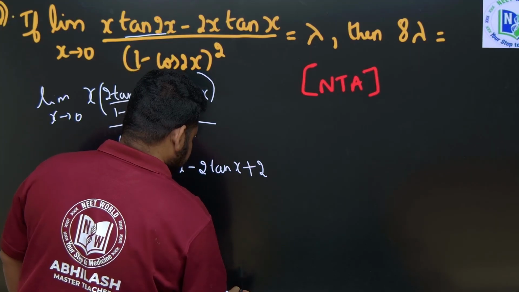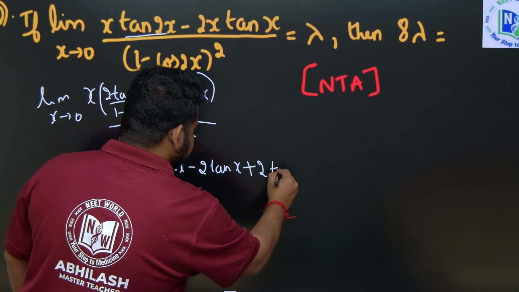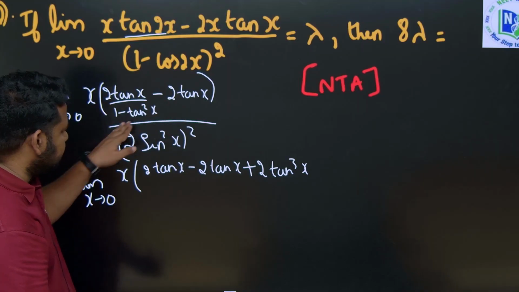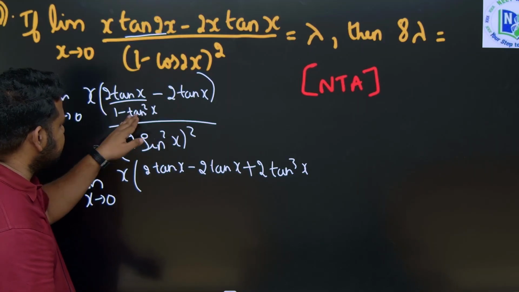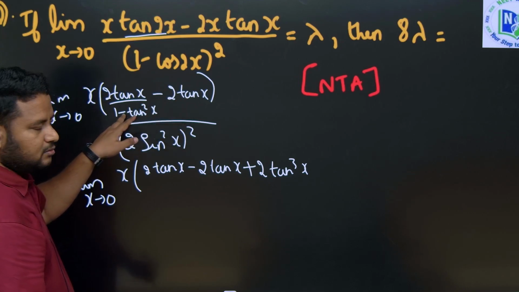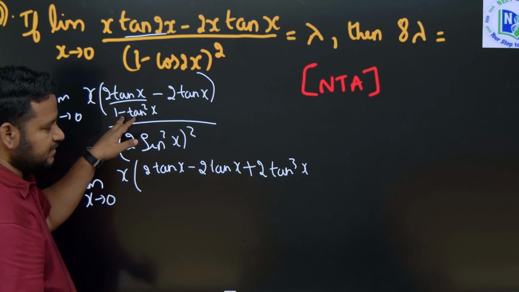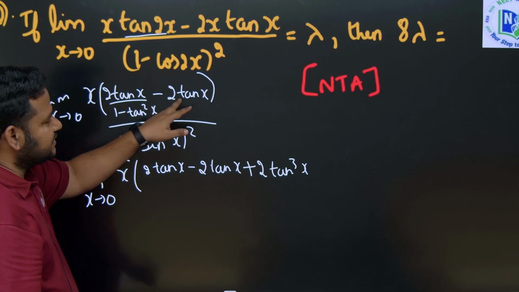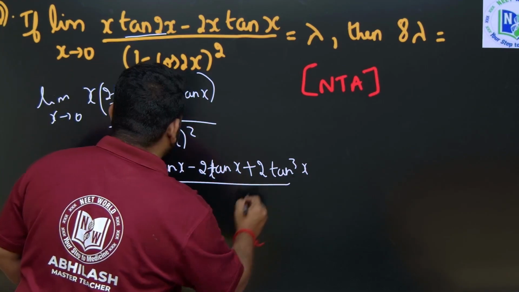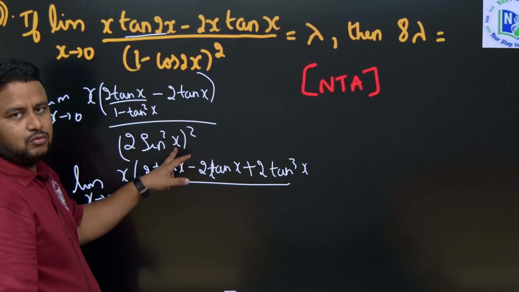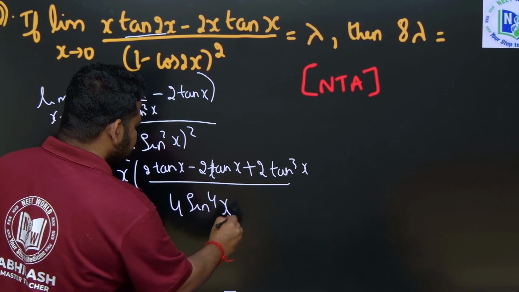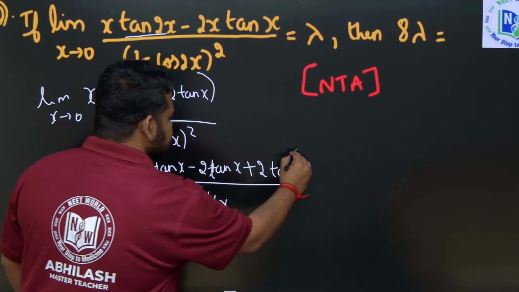So 2 tan x into 1 is 2 tan x, 2 tan x into minus tan square x is minus 2 tan cube x, minus 2 tan x into minus tan square x is minus into minus is plus, 2 into 1 is 2, tan x into tan square x is tan cube x. This is what we got, divided by 2 sin square x whole square. This is 4 sin power 4 x.